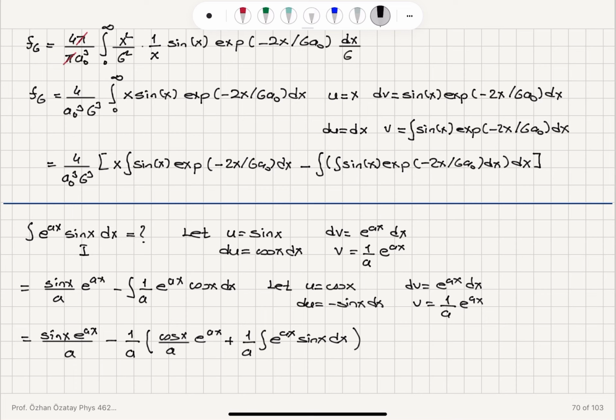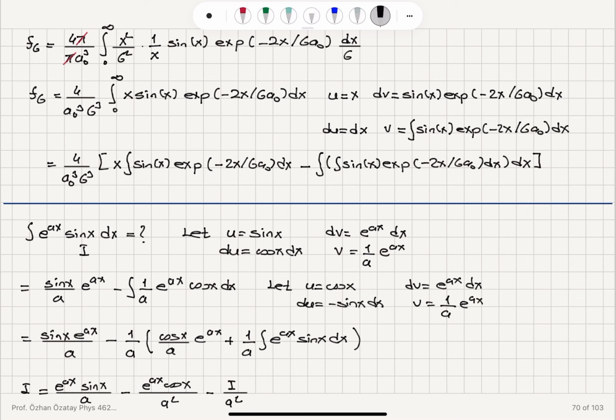So the answer that I'm looking for, integral I, is basically the first term, e to the ax sine x divided by a, minus the second term, e to the ax cosine x divided by a square, and then I have minus I, the integral that I'm trying to calculate, divided by a square.